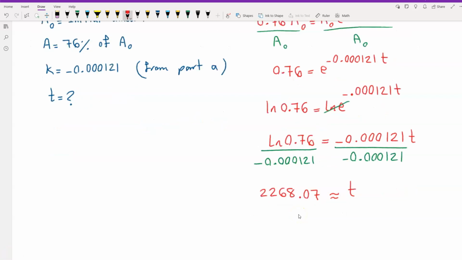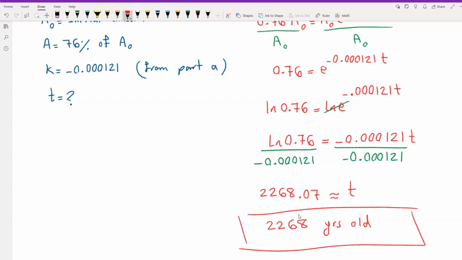So rounding to 2 decimal places, t is 2268.07. What that means is that the scrolls are 2,268 years old. So this is our final answer, and note that since this is time, we cannot have a negative answer, so this is positive.